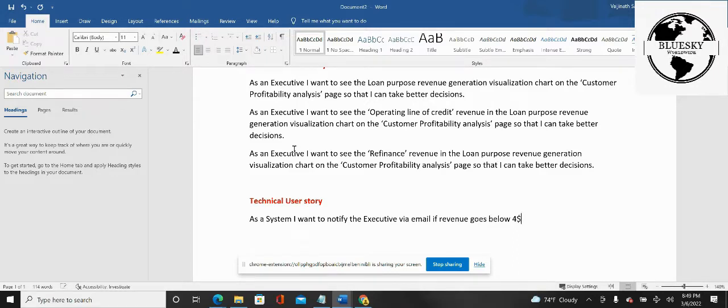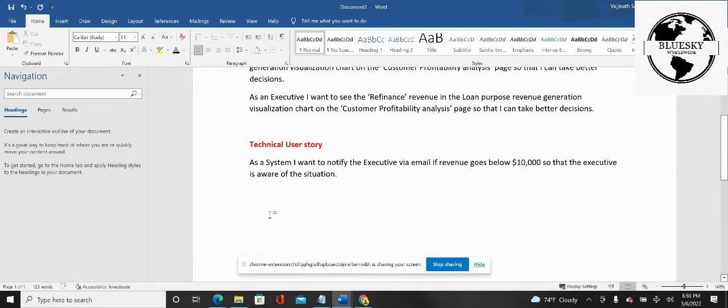So this might be a specific branch, so $10K, this is better, so that the executive is aware of the situation. So this is how you document a technical user story.